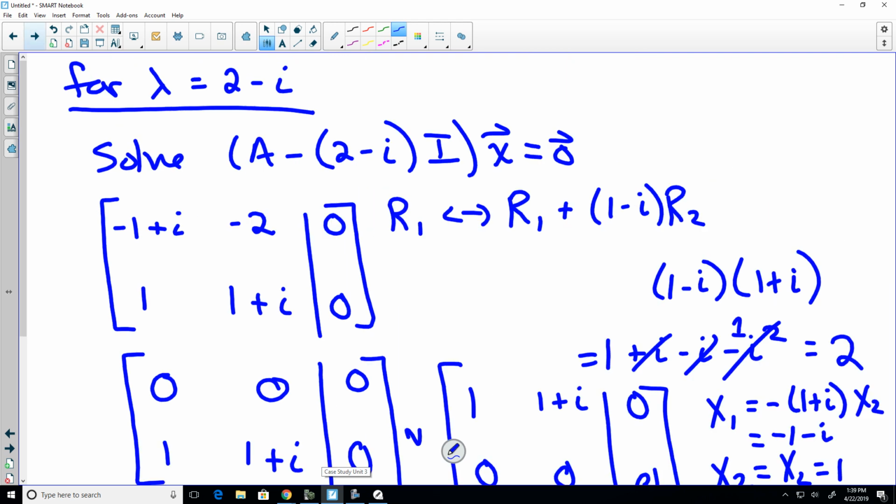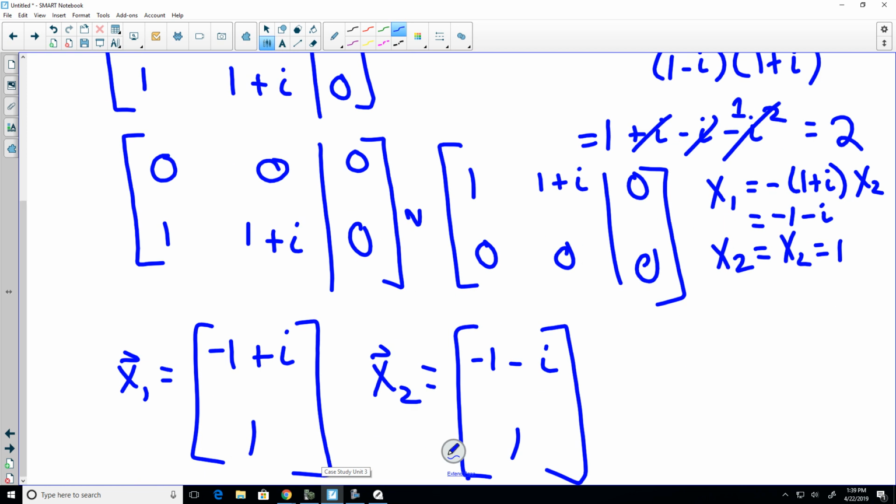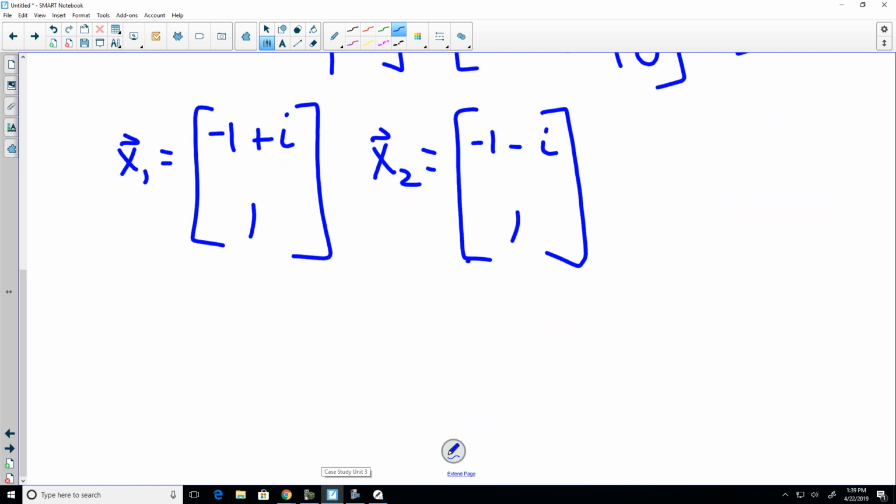So all you have to do is switch the sign of the imaginary part of the complex numbers, wherever they are in the vectors, okay? If you have complex numbers in both terms, you still complex conjugate both of them. You just change the sign of the imaginary part. Okay?